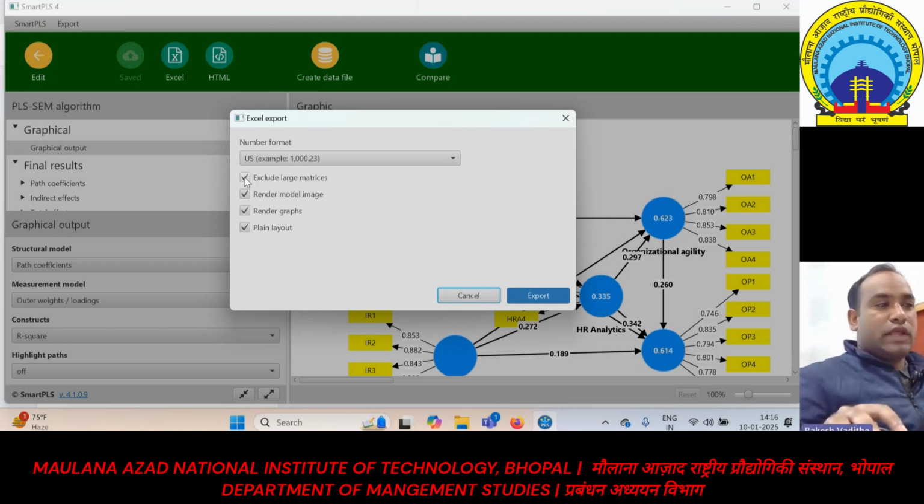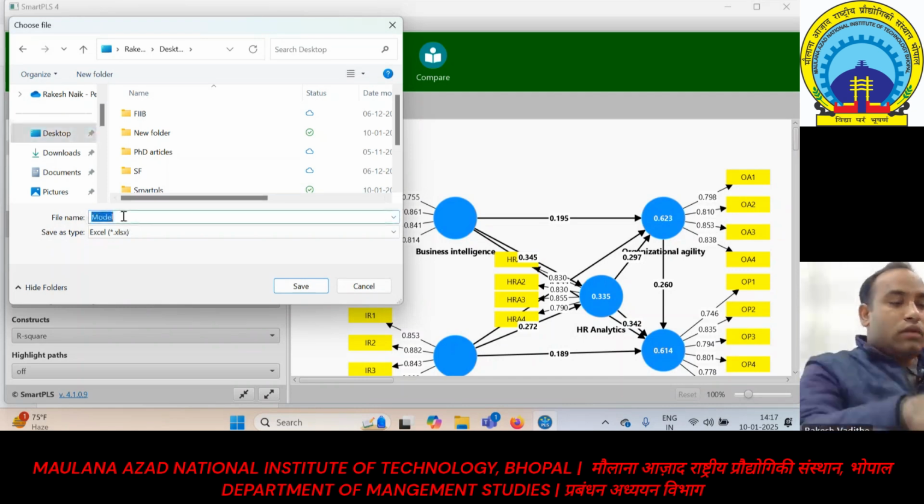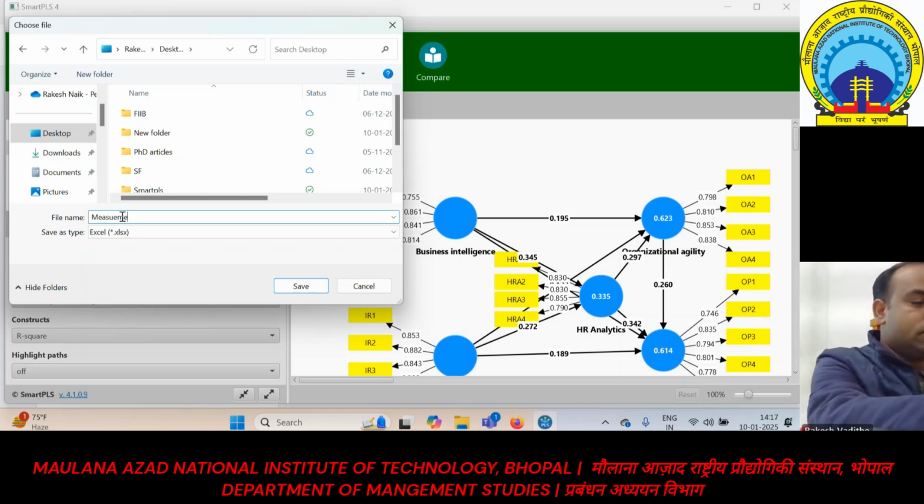You click all this, excluding large matrix, render main model image, render graphics, planes layout, export, and make one measurement model.